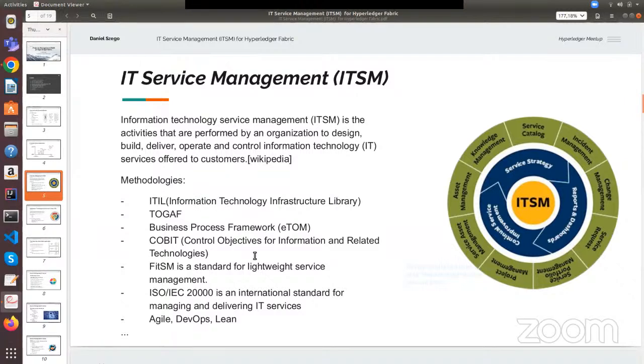But there are other methodologies as well, like the Business Process Framework or COBIT, which is probably for telecom companies. And especially lately, we have a lot of approaches which are partly IT service management methodologies, like doing everything agile, DevOps or DevSecOps, or lean, and so on.